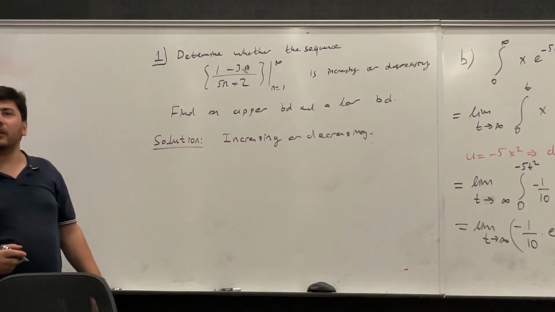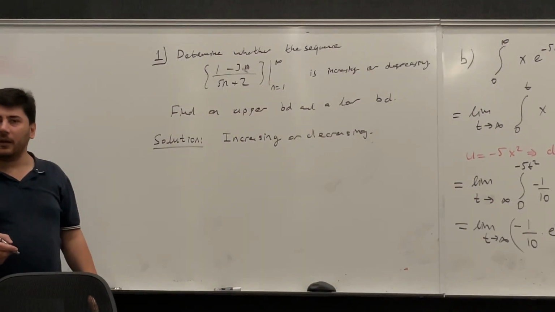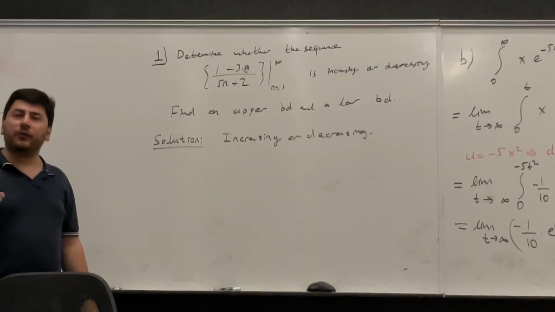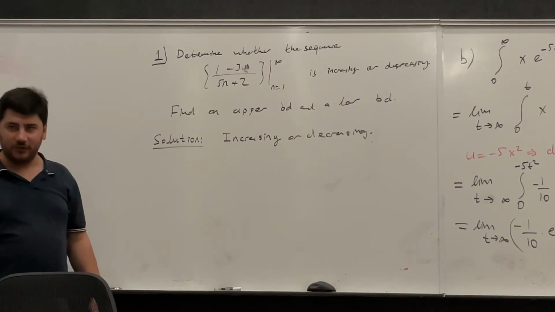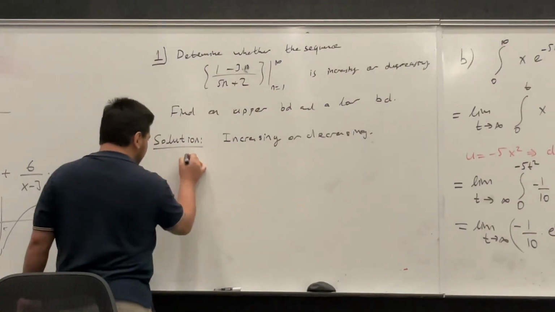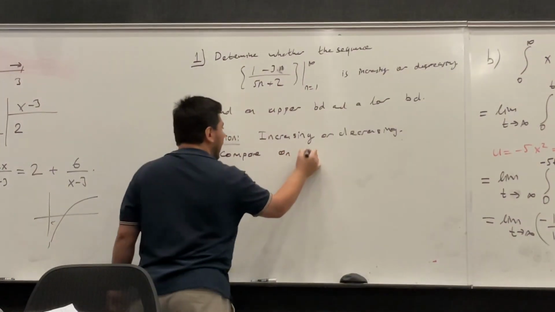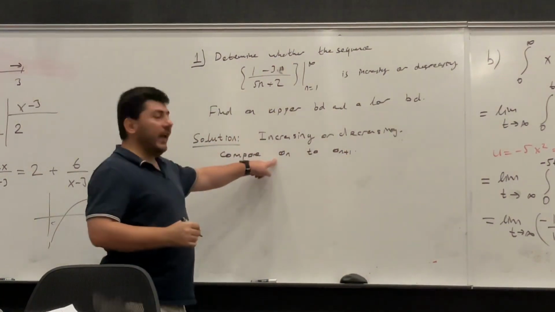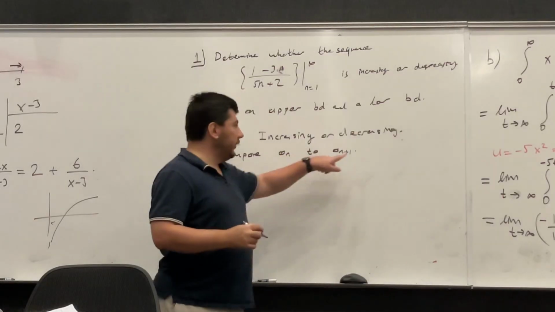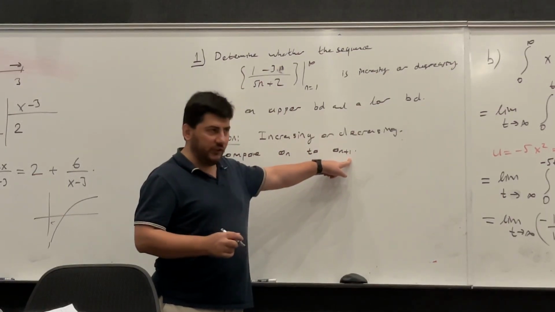To figure out if a sequence is increasing or decreasing, what do we do? We compare an to an plus 1. If an is smaller than an plus 1, then it is increasing.